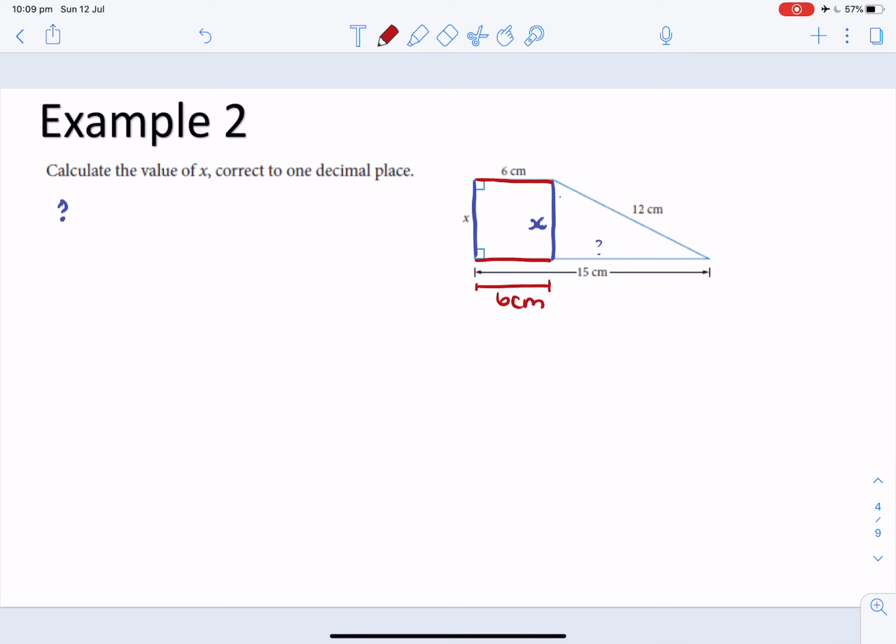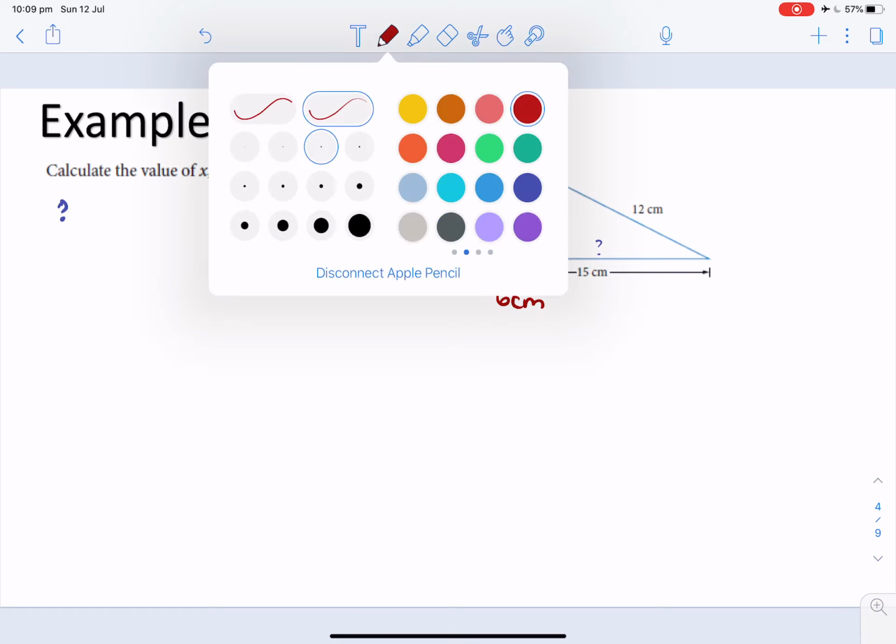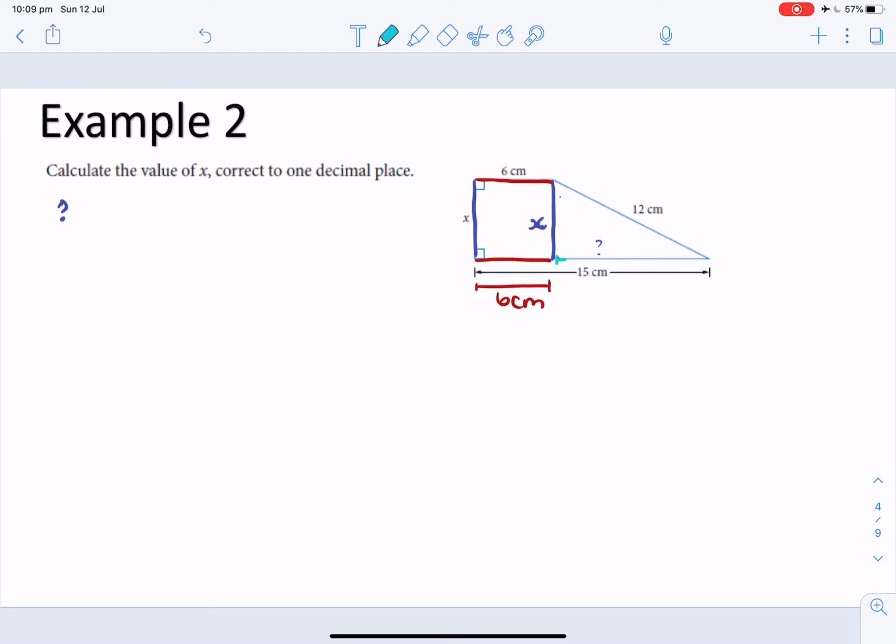And I then need to find out, go one more colour, go light blue, I need to find this guy here. And I know that the entire length is 15 centimetres. So 15 centimetres, subtract 6 centimetres, gives me 9 centimetres.